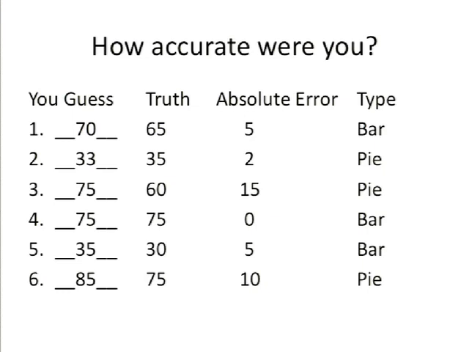All right, what I'd now like you to do, notice right next to those, the kind of chart you were looking at: bar, pie, pie, bar, bar, pie. Now talk amongst yourselves for a minute to see, do you see any difference? Are the errors roughly the same? Compare yours with your partner's, in groups of 2 or 3, and say, do you have the same size errors, whether it's pie charts or bar charts?